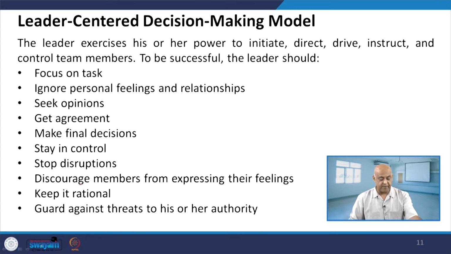Discourage members from expressing their feelings, keep it rational and guard against threats to his or her authority. So, in that case every member has certain authority, he is the master of his solution, and he will be looking to make sure there is no threat, so that his authority stays intact.